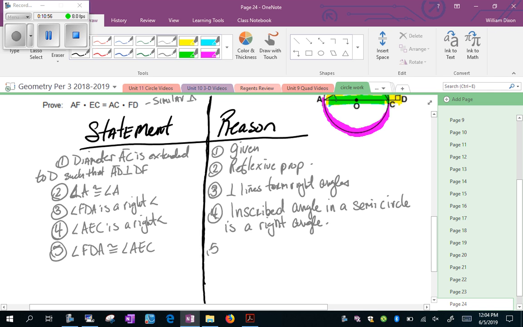And that reason, right angles are congruent. Cool. And then my last, so I have the two angles. I have two stating right angles are congruent. I have 5 stating that 2 angles are congruent of the triangles. I have triangle ACE is similar to triangle BFA. And the reason is angle, angle.